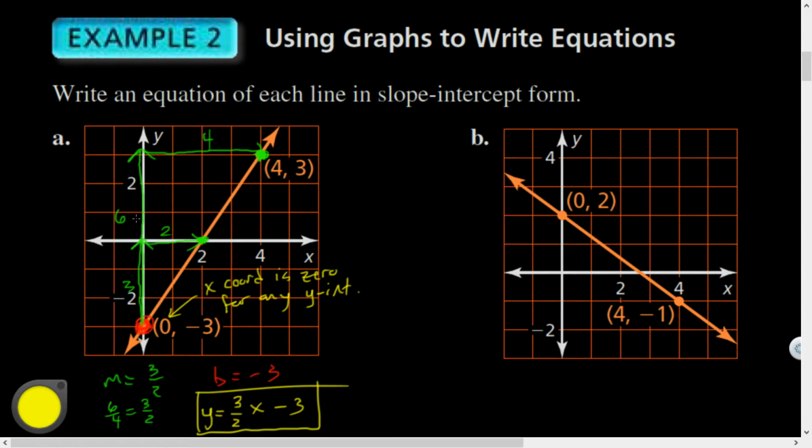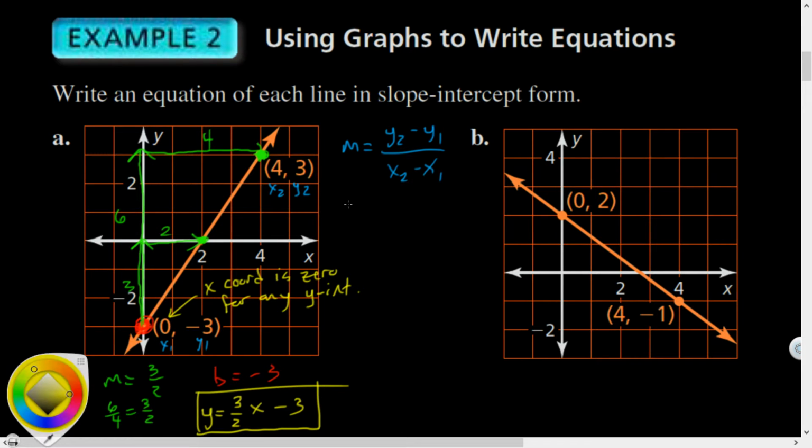Also, if I couldn't read the slope off of the graph for some reason, you could also have referred to the slope formula, m is equal to y2 minus y1 over x2 minus x1. And so I'm just going to show you that it would have gotten the same point. So if I called this x2 and y2, and this was x1 and y1, I just want to point out that that also would have worked.